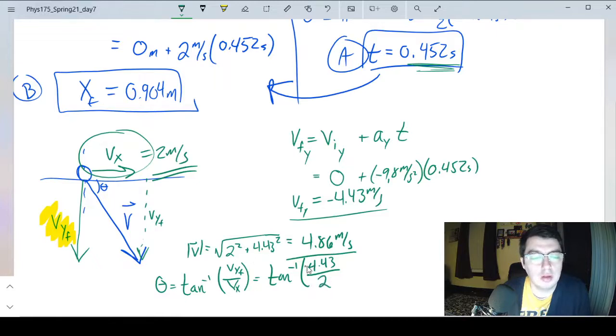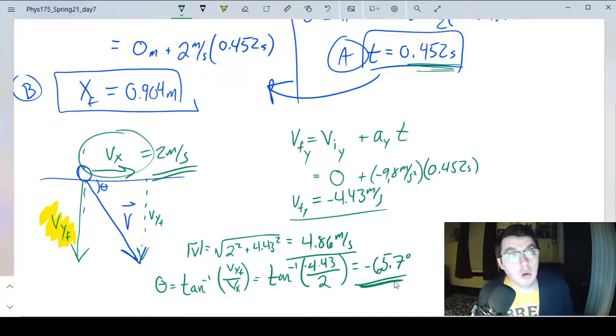If I put the negative sign here, it'll give me a negative angle on our calculator, so that's helpful. And I get negative 65.7 degrees. So that tells me the angle below that marble is, the velocity of that marble as it hits the floor on the way into the ground.